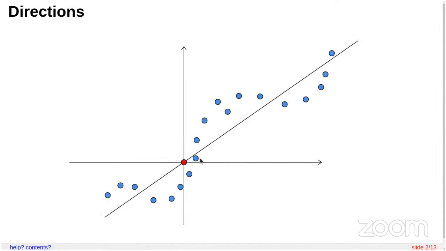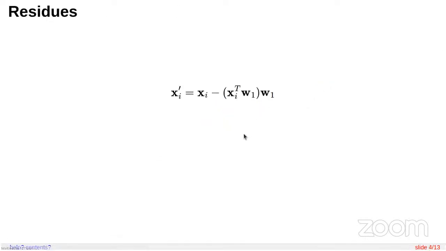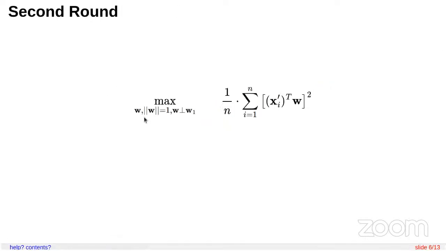Now I know that all my residues are perpendicular to this w, so I need to look for those w's which are only perpendicular to w1 and which maximize this expression. Okay, so I hope this is clear.